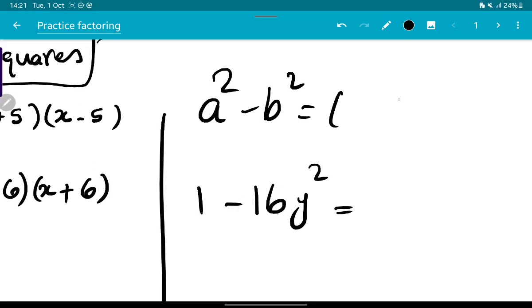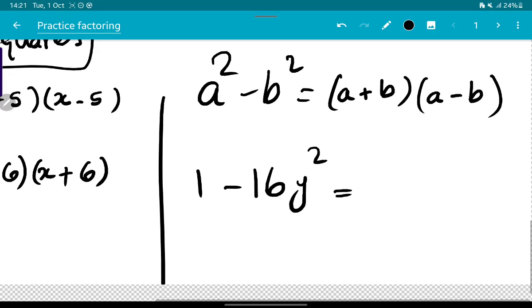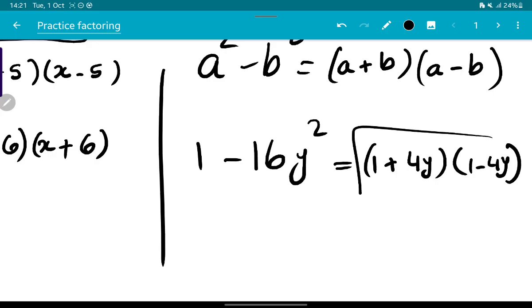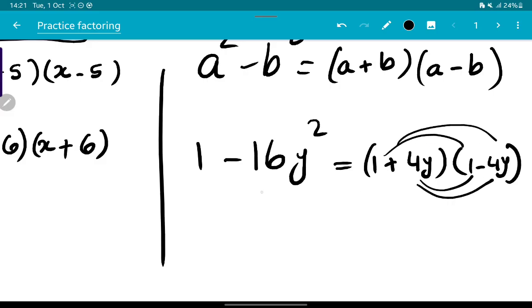In this example, we can rewrite this as 1 times 1, 16 is 4 times 4, y squared is y times y, one positive, one negative. So if any time you want to expand these two brackets, you will have this answer.